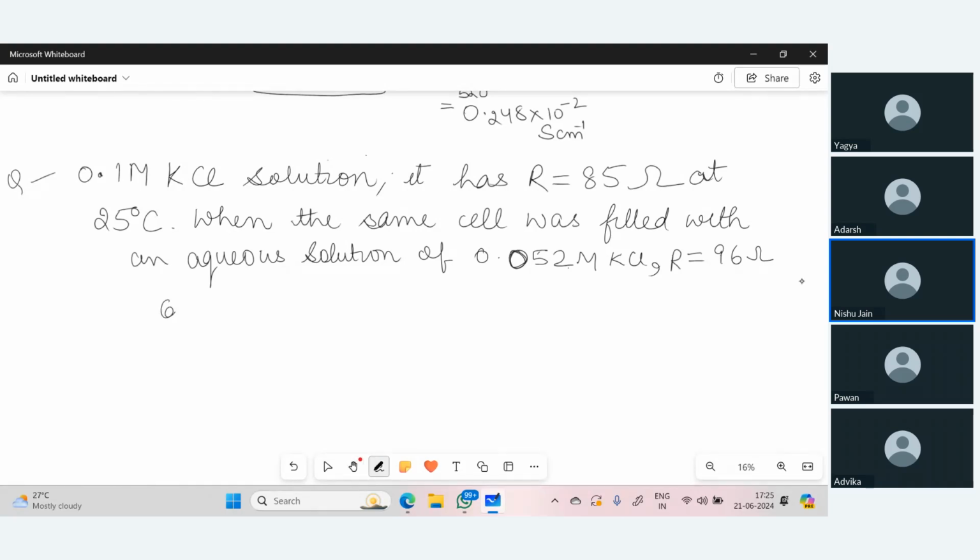Calculate conductivity and molar conductivity of 0.052 molar solution.